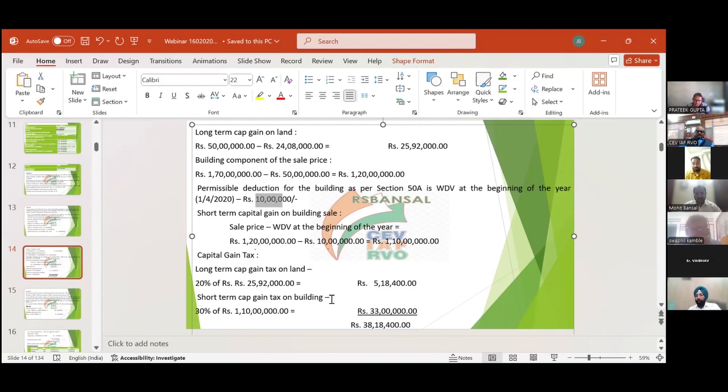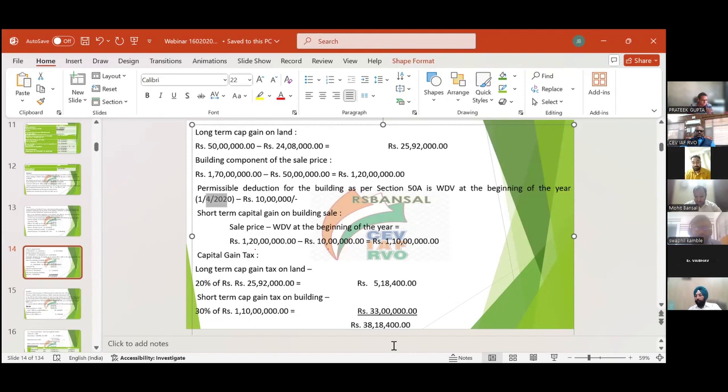So here it will be subjected to short-term capital gain because he has been availing depreciation up to the year 2021 and the property has been sold in 2021. So there is a gap of only 1 year. It is less than 24 months. It will attract short-term capital gain.